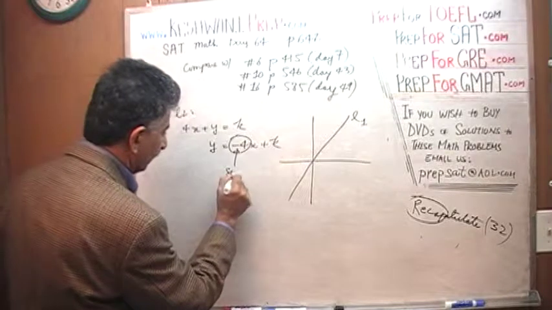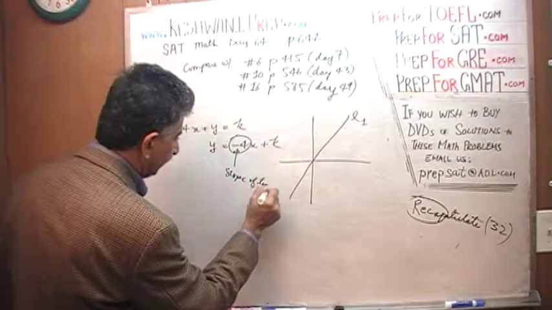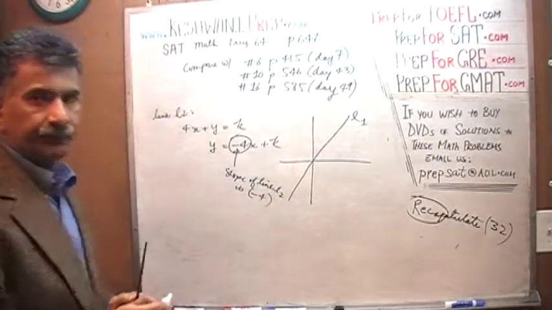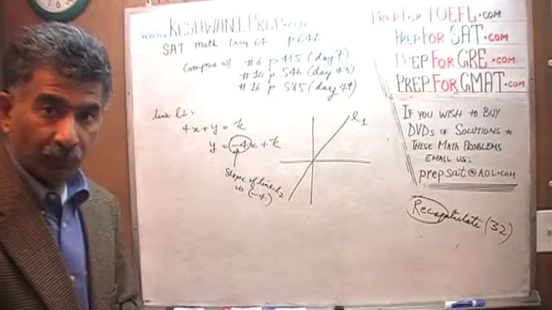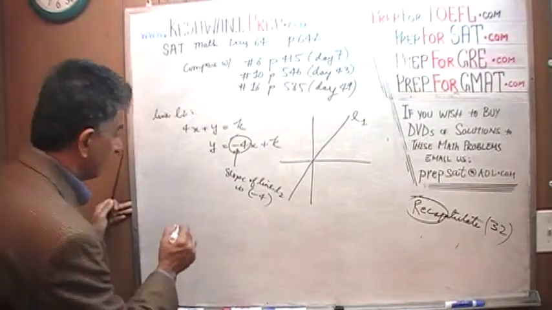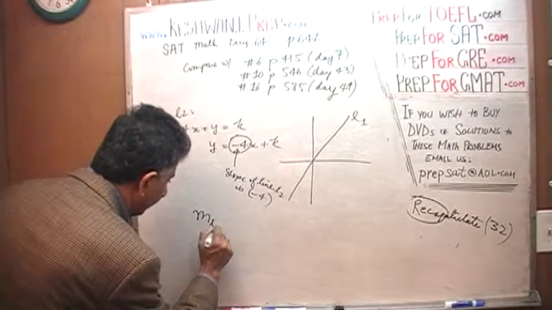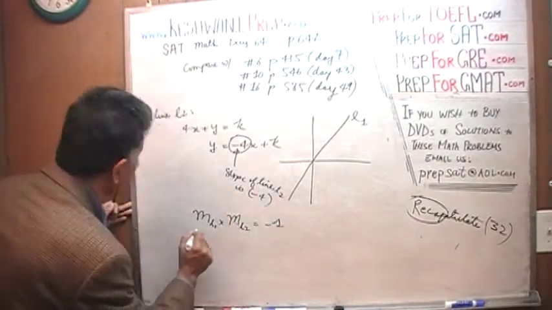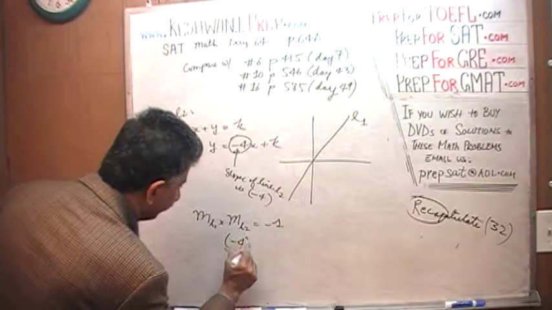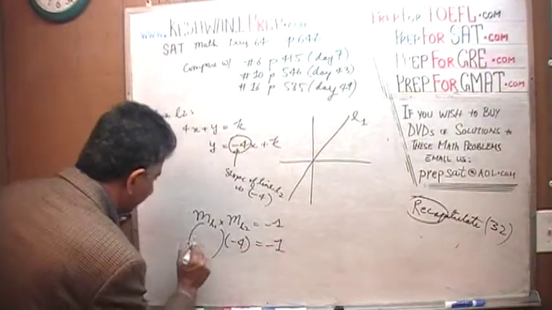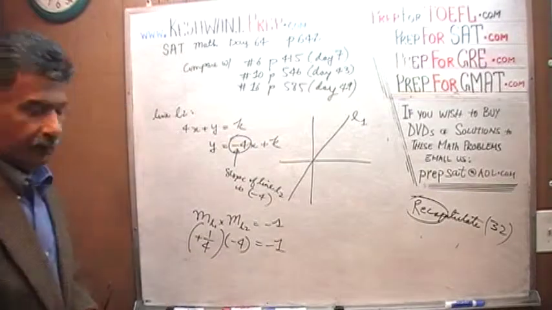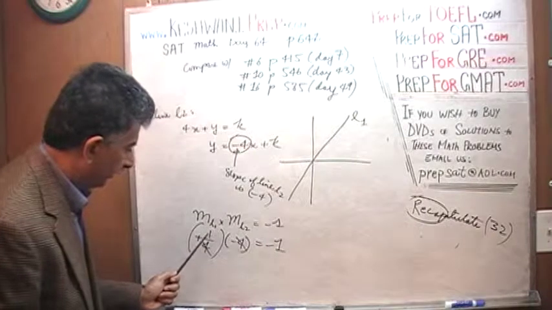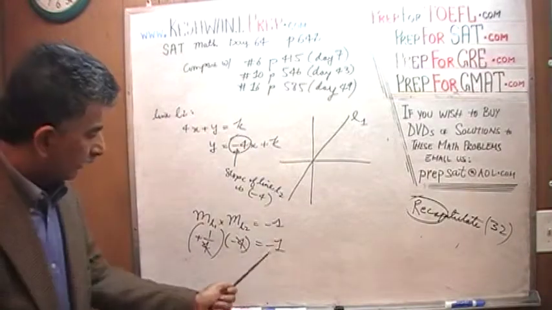This tells us that the slope of line L2 is negative 4. And since the product of the slopes of perpendicular lines is negative 1, the slope of line L1 times the slope of line L2 has to equal negative 1. Since this is negative 4, this one would have to be positive 1/4. With positive 1/4 and negative 4, the 4s drop out and we end up with positive 1 times negative 1, which gives us negative 1.